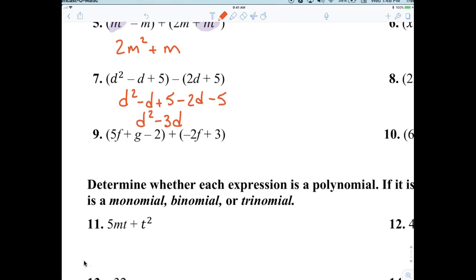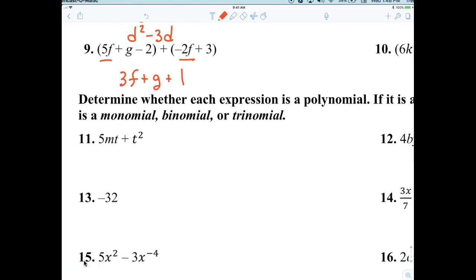Number 9, 5f minus 2f is 3f plus g plus 1. Anybody have any questions or concerns with that? Any questions or concerns with number 9?